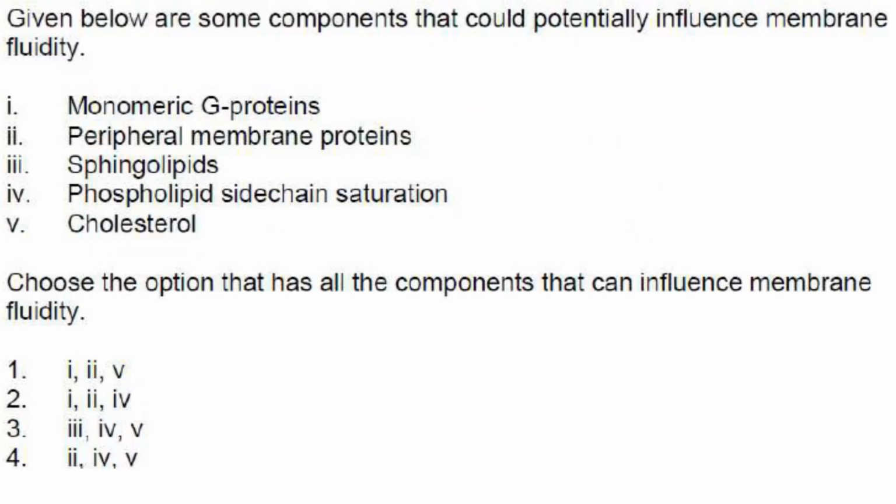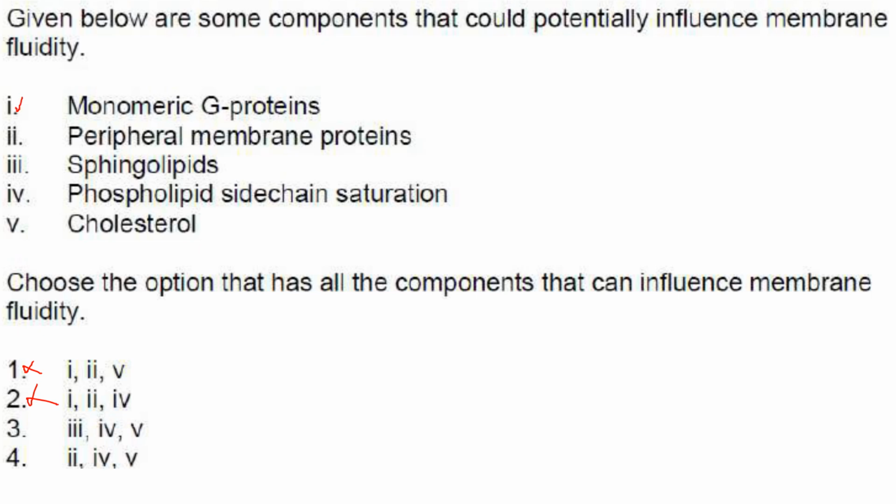Then next one. Given below are some components that could potentially influence membrane fluidity. Monomeric G proteins. They are involved in intracellular signaling and they do not play any role in fluidity. So 1 is not the answer. So 1 and 2 gone from the options.